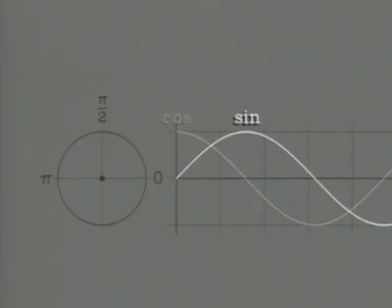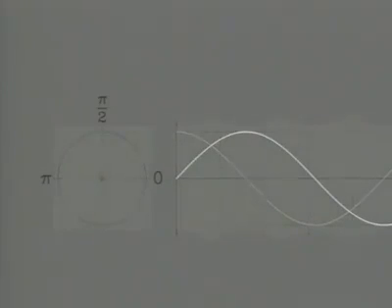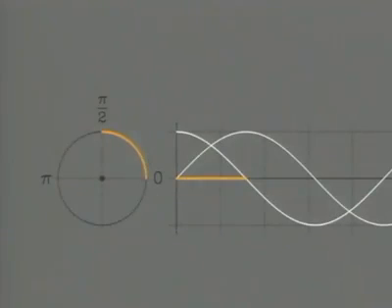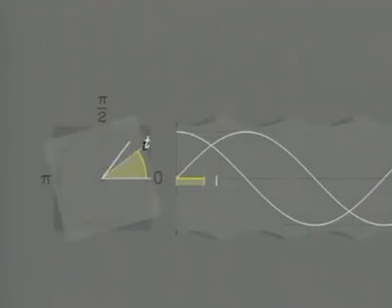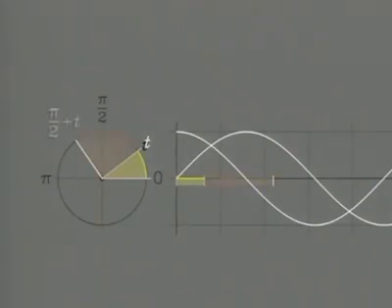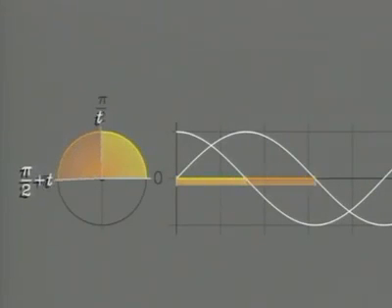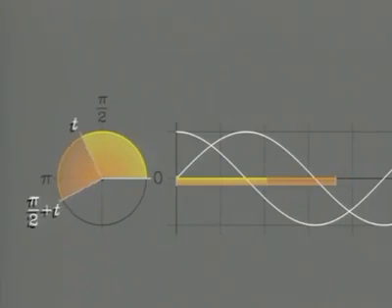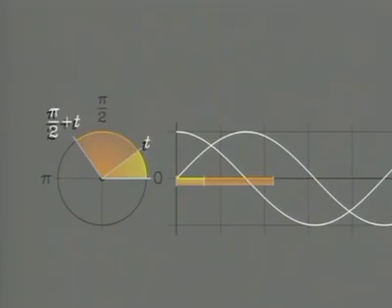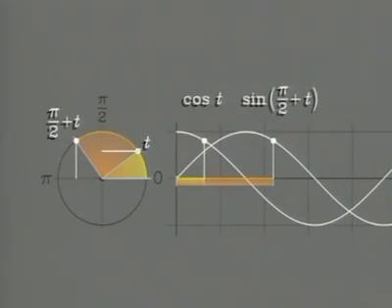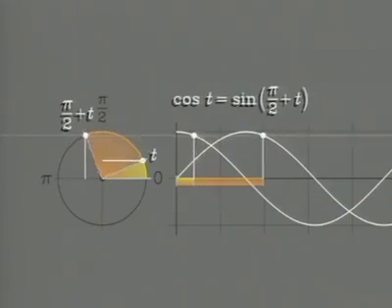Here's another way to get the cosine curve. Start with the sine curve and shift it to the left by pi over 2 radians. If this is t, this is pi over 2 plus t. The cosine of t is also equal to the sine of pi over 2 plus t.